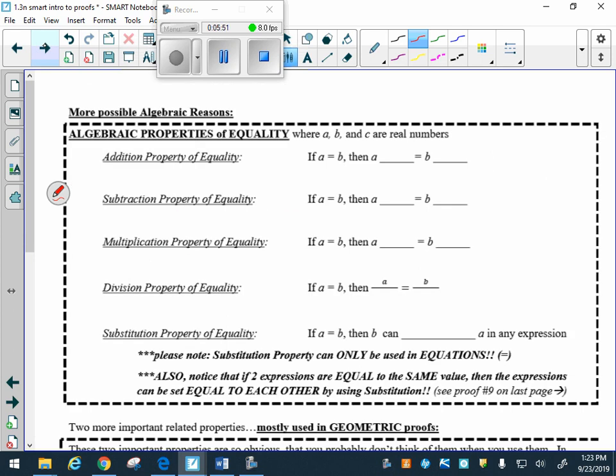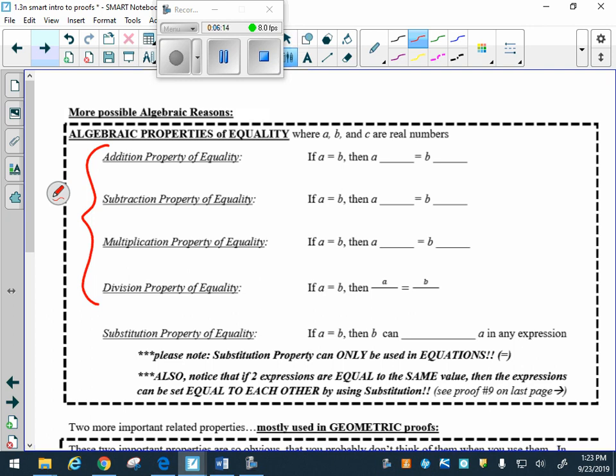On the next page, there's a whole box of more algebraic properties. The first four are basically the inverse operation properties, because if you have an algebraic equation where they add 10, we know we have to subtract 10, because that's the inverse operation. They divide by 2, you're going to multiply by 2.